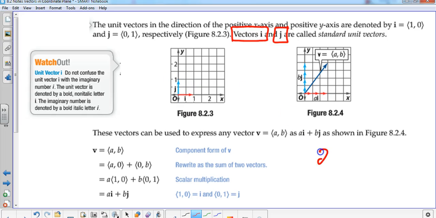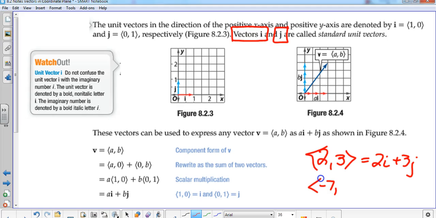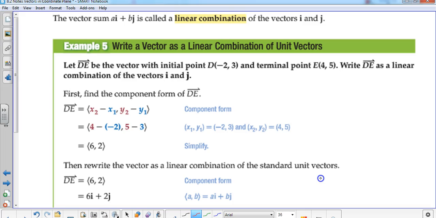So all they're saying is that this vector can be written as 2i vectors plus 3j vectors. Or if you had -7, 4, you could write it as -7i vectors plus 4j vectors, okay? Super easy. They call it linear combinations of i and j.